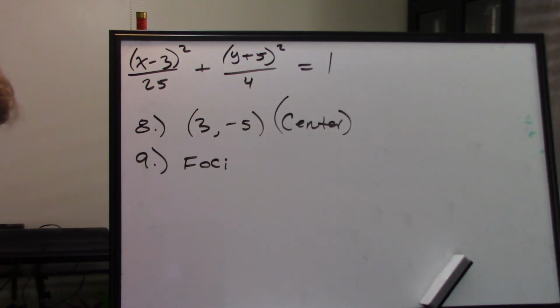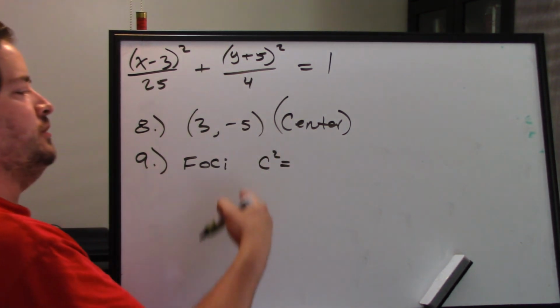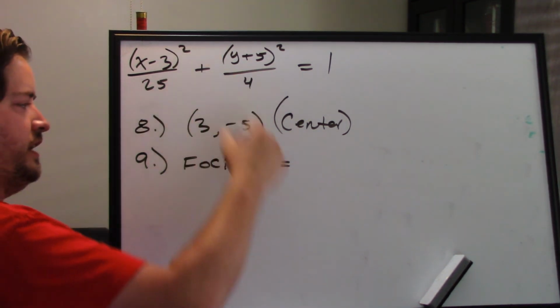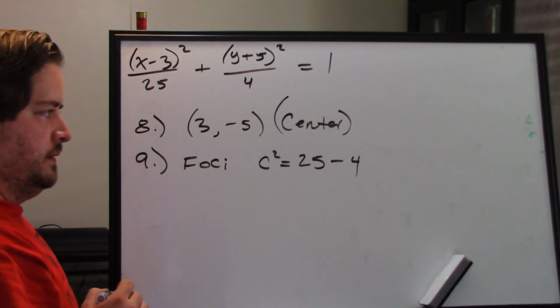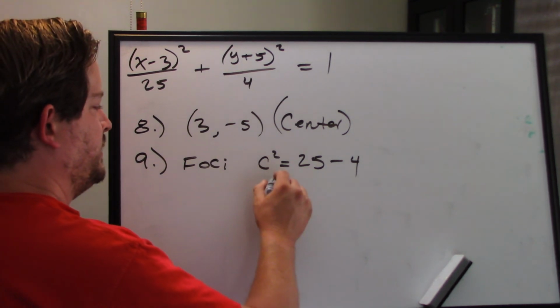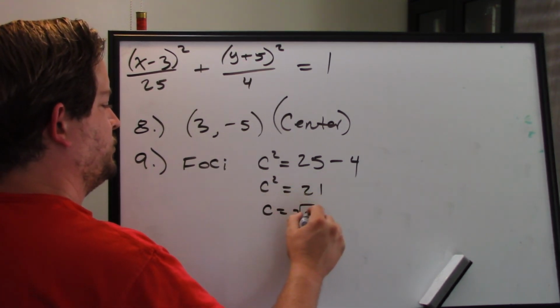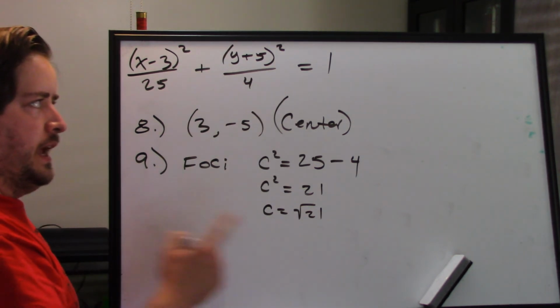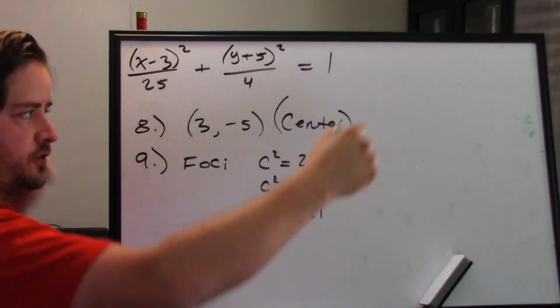Right, for the foci, I need c. In an ellipse, c squared is the larger value, right? 25 minus the smaller value. So c squared is 21, and therefore c is the square root of 21, right? And I should know that because x has the larger number under it, it gets stretched the furthest.